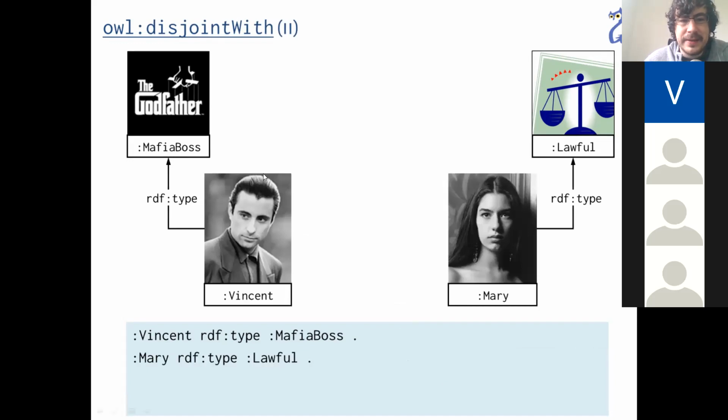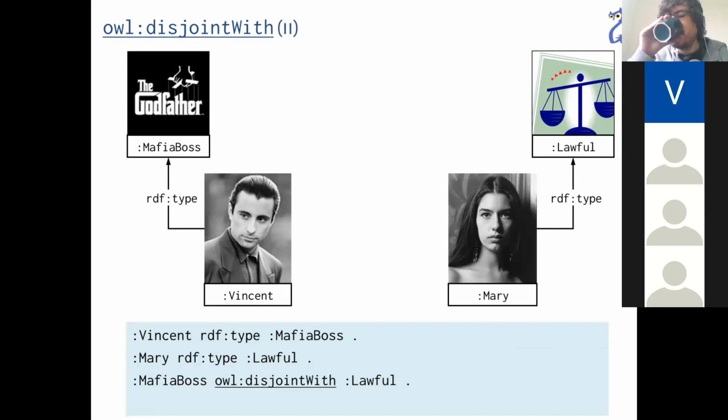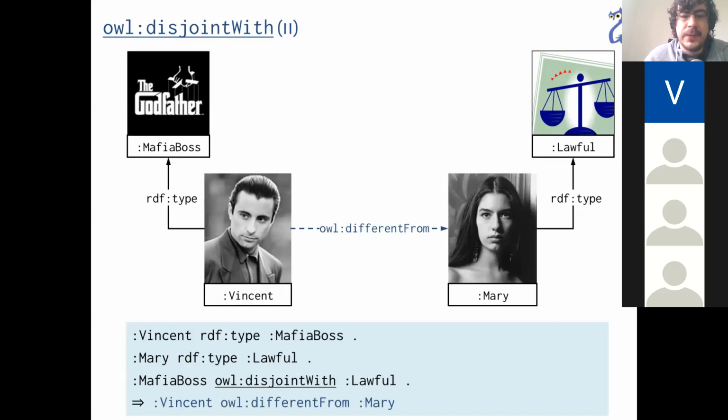Just to give another example of how disjoint with can be useful. If we have Vincent is of type mafia boss and Mary is of type lawful, and then we define that mafia boss is disjoint with lawful, what can we infer between Vincent and Mary here? That they are not the same? Yep, precisely. We can infer that they're different from each other. They can't be the same.